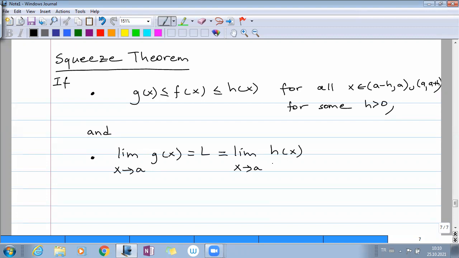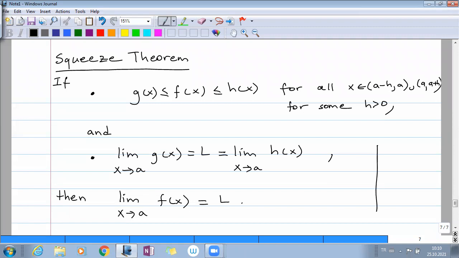So your function is squeezed between two functions, and the functions squeezing or sandwiching your function in between have the same limit at x equals a. Then, in this case, the function which is squeezed in the middle must have the same limit. Then, the limit as x approaches a of the function f is equal to the same limit L.